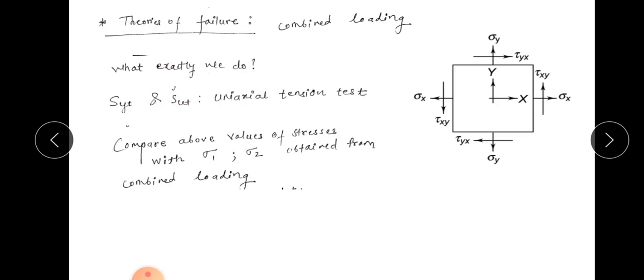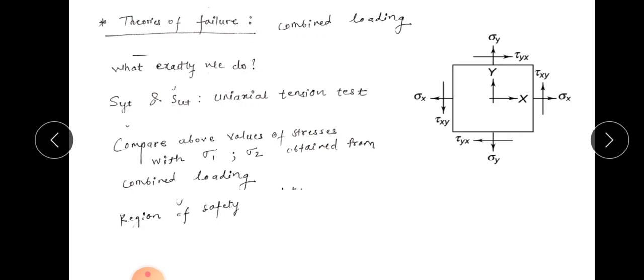We compare these results with the values obtained from the uniaxial tension test, SYT and SUT. Finally, we analyze the safe condition and draw a region of safety.